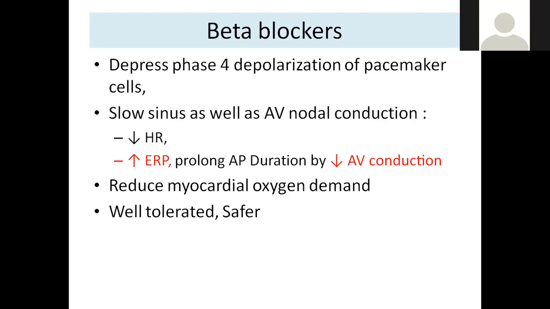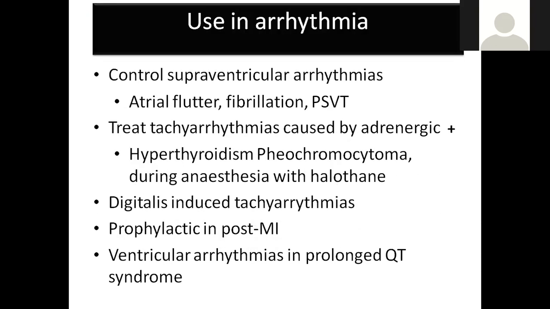These drugs decrease the heart rate, increase the effective refractory period, and prolong the action potential duration by decreasing AV conduction. They also reduce the myocardial oxygen demand, and they are well tolerated and safer in recommended doses.